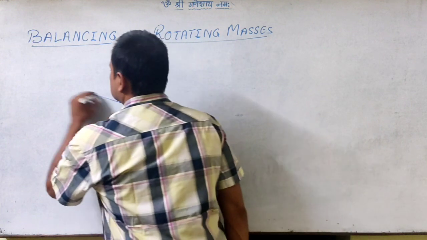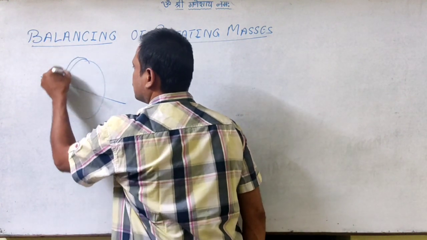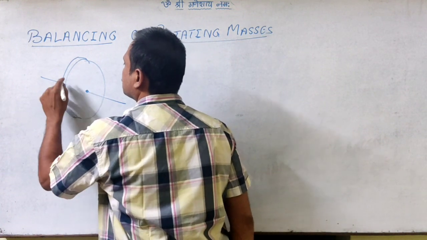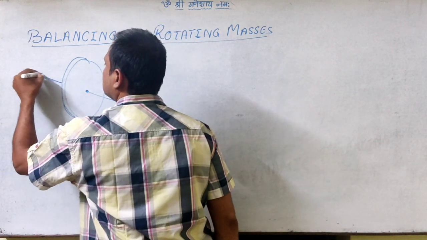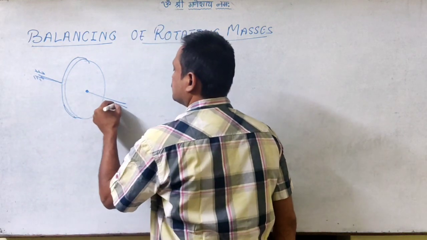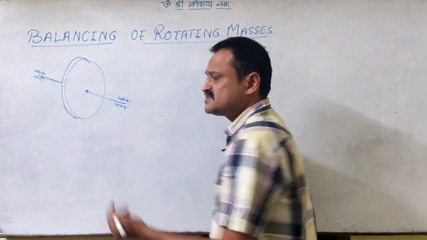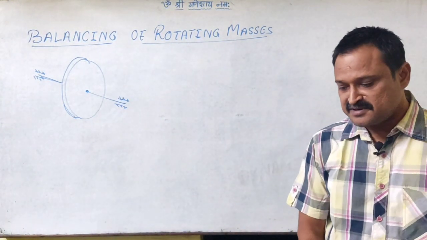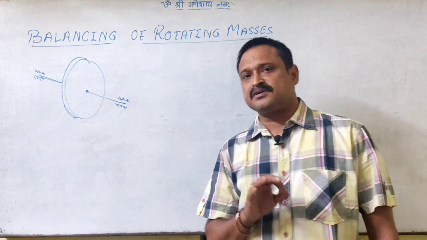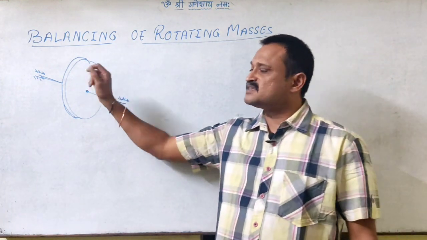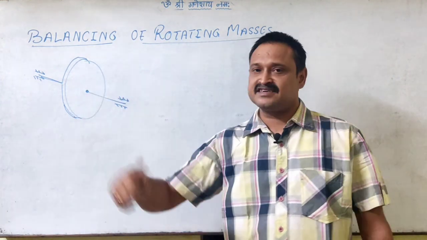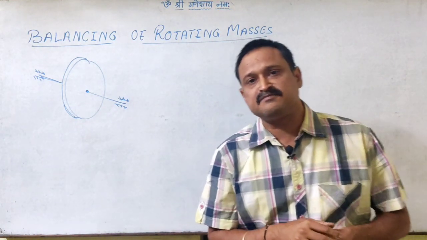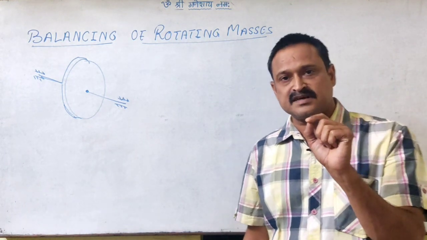So let us say there is a shaft which is supported at the bearing. Now this can be of a regular shape or an irregular shape, whatever may be the condition, but I cannot assure that the center of mass of this disc is lying at the geometric center. Theoretically, if it is a circular disc, the center of mass is supposed to be at the center of the disc.